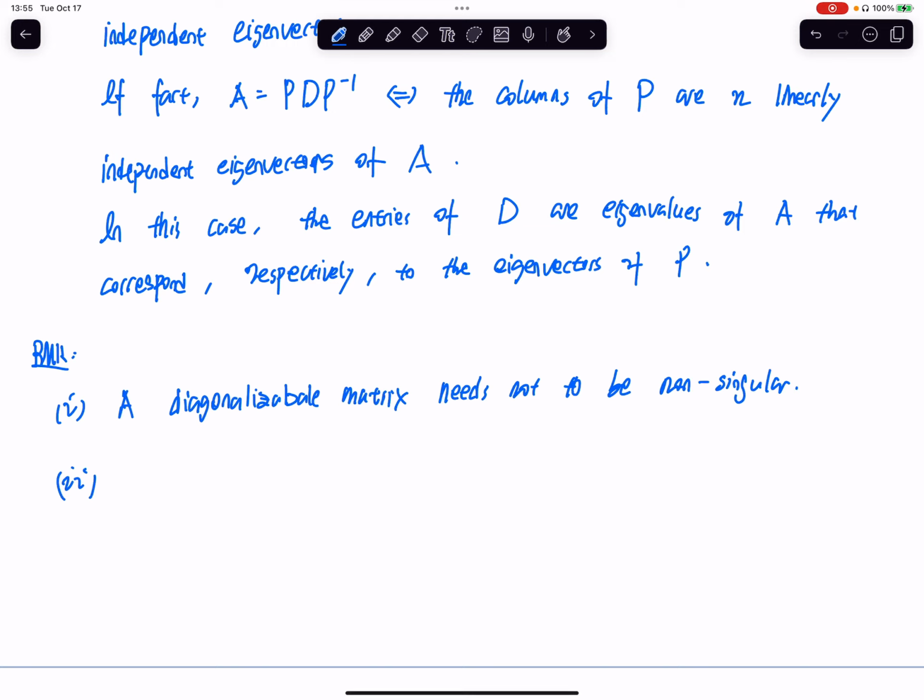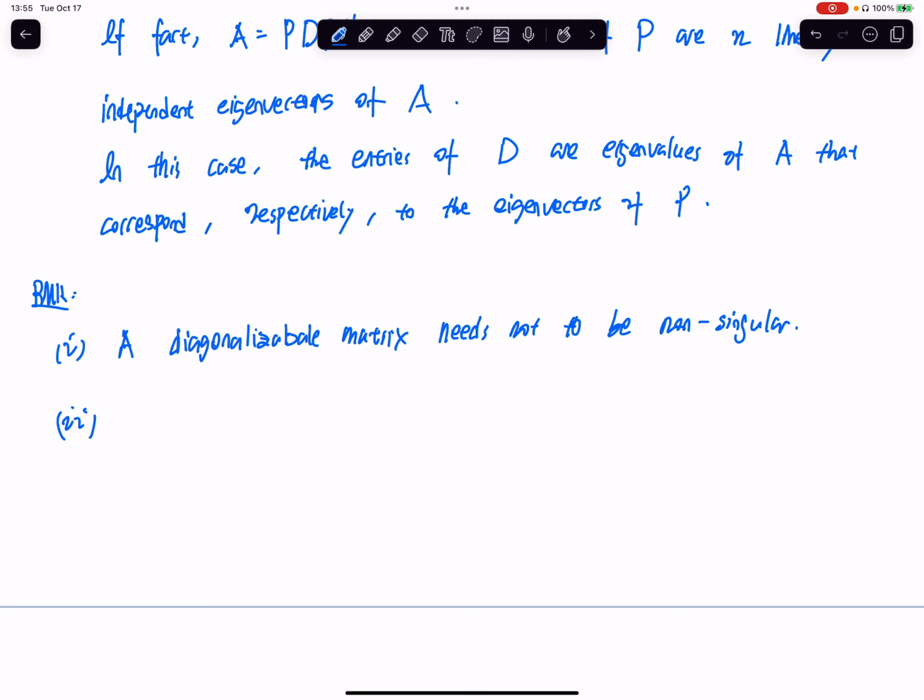And secondly, A is diagonalizable if and only if there are enough eigenvectors to form a basis of Rn.